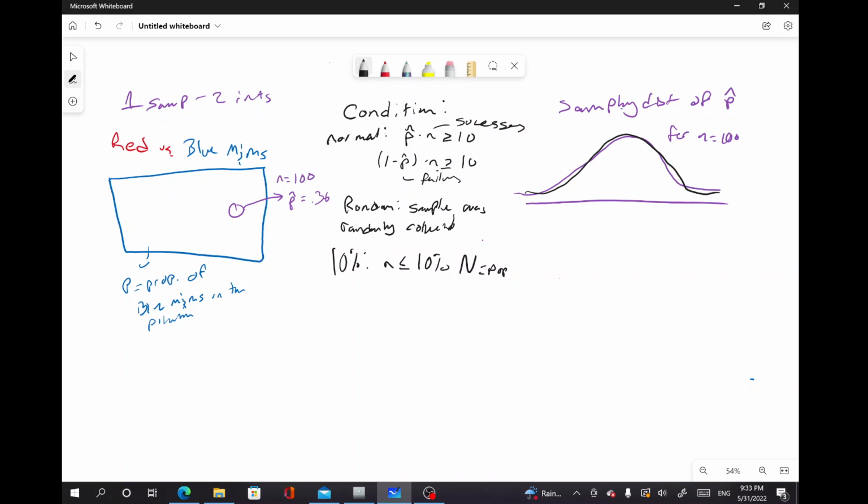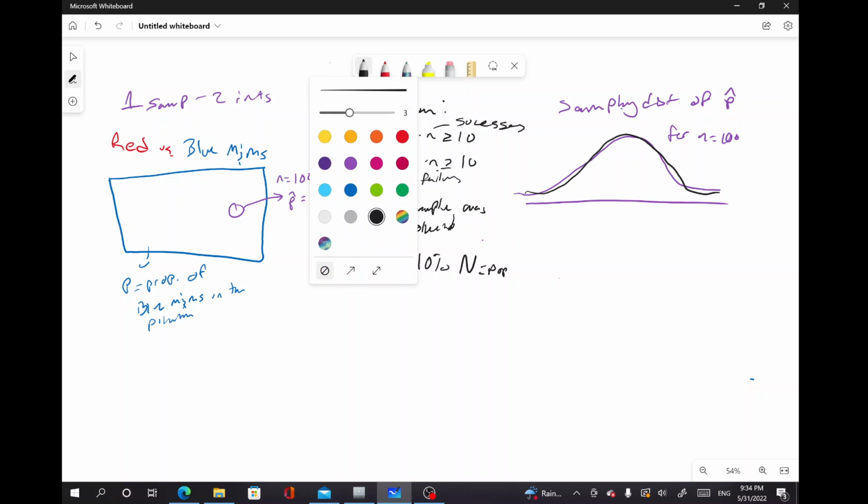Because 10% isn't that much, it's still going to be relatively accurate even if we're not replacing our M&Ms, but due to sampling variability, if you get too large of a sample, one that's generally greater than 10% of the population, it could really mess with your data, and we don't want that. So we just always want to fulfill that.